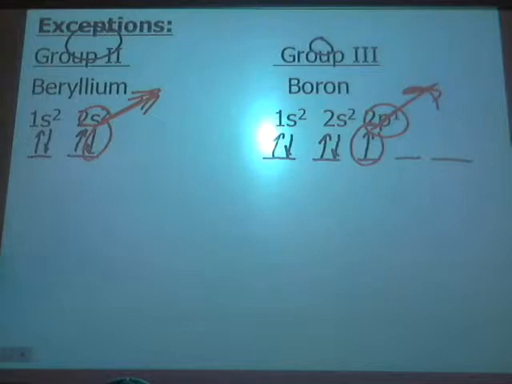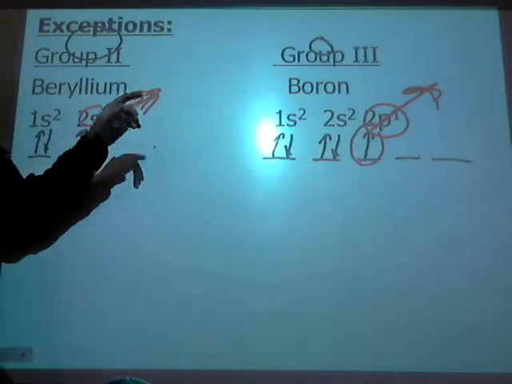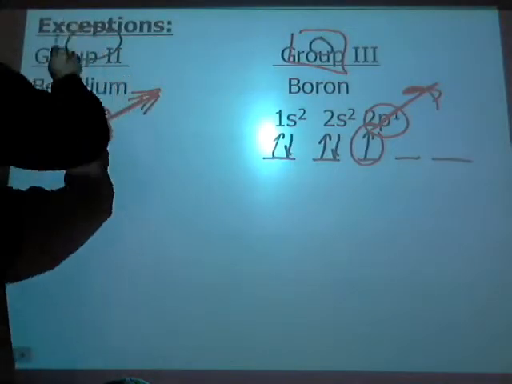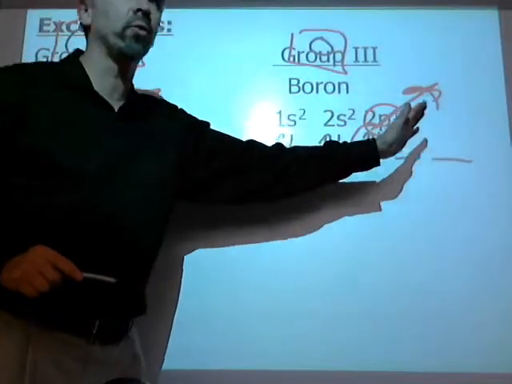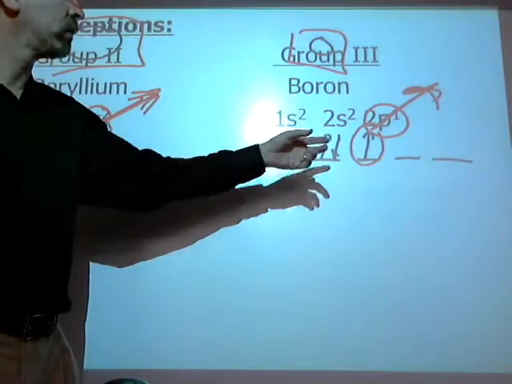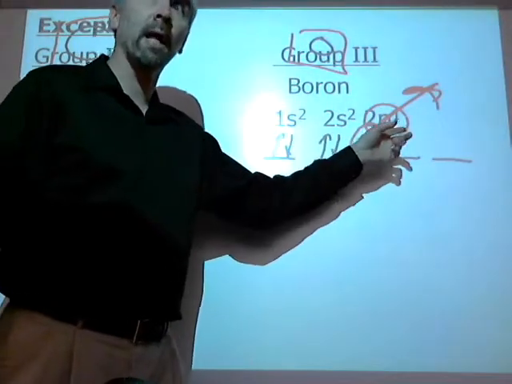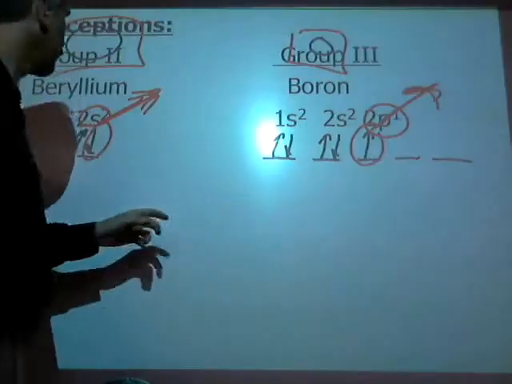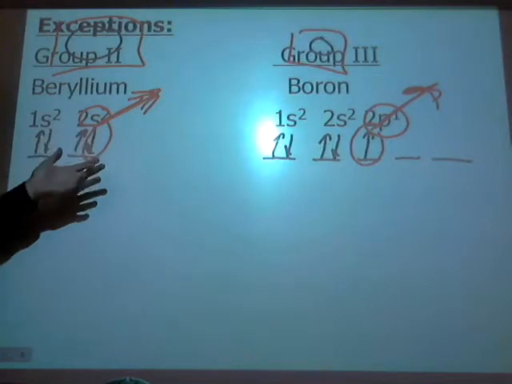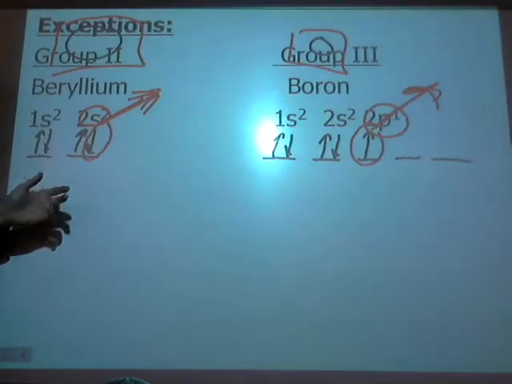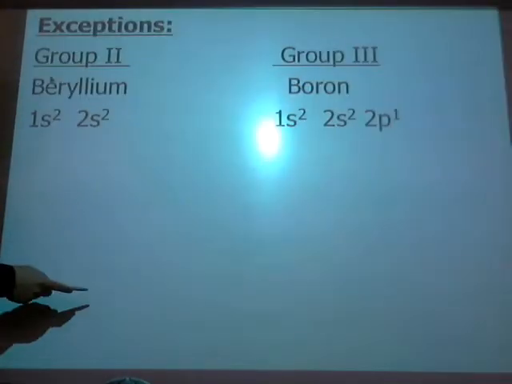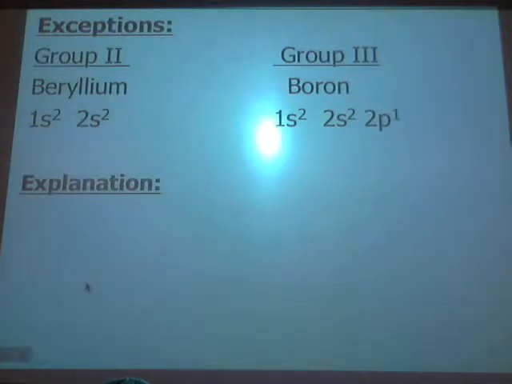So those are the two reasons. Even though this is a smaller atom than this guy, even though he's close to an octet, turns out he's actually easier to remove an electron from because he's coming out of a P shape and he's not paired up or filled up in any way, shape, or form. Those are the reasons why. Okay, so write these down for the explanation.